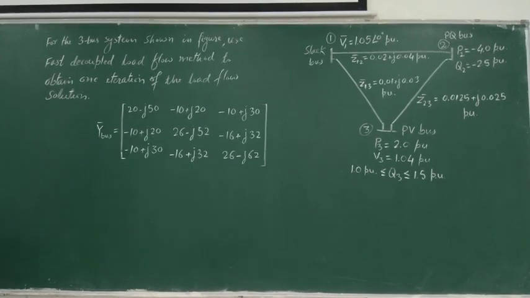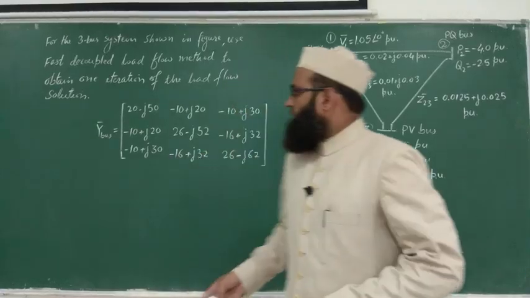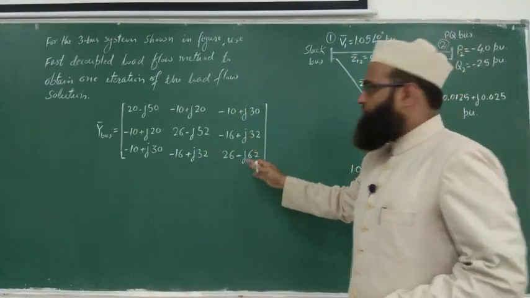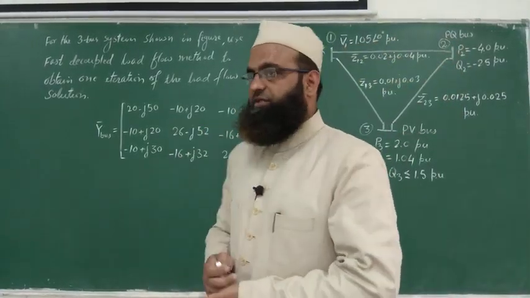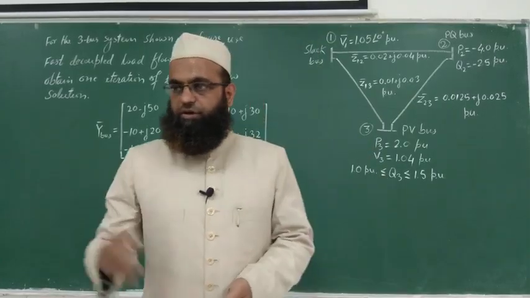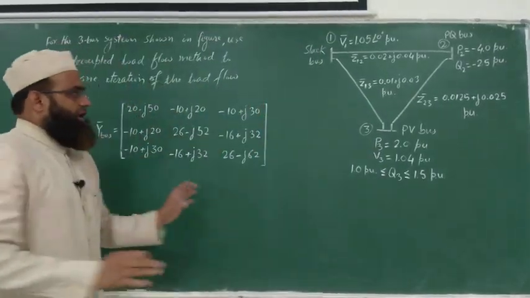So this is our Y bus in rectangular form. We have the values of the elements of Y bus in polar form as well, right? Check your notebook. So what will be our next step?